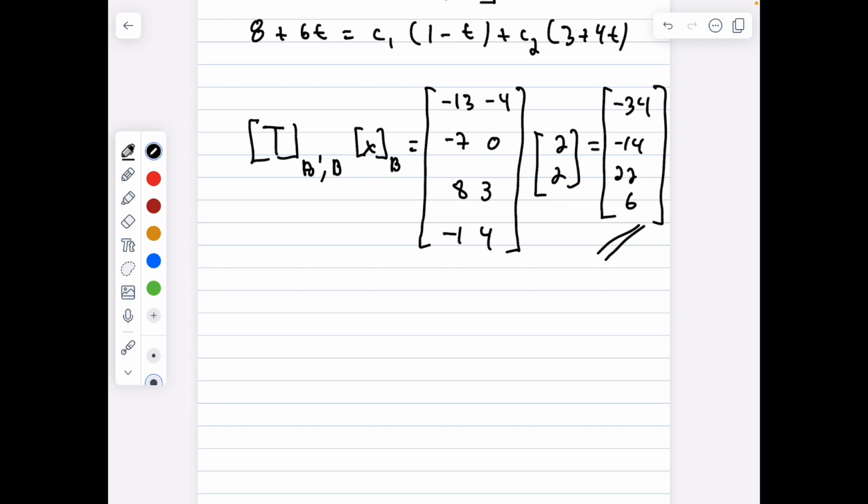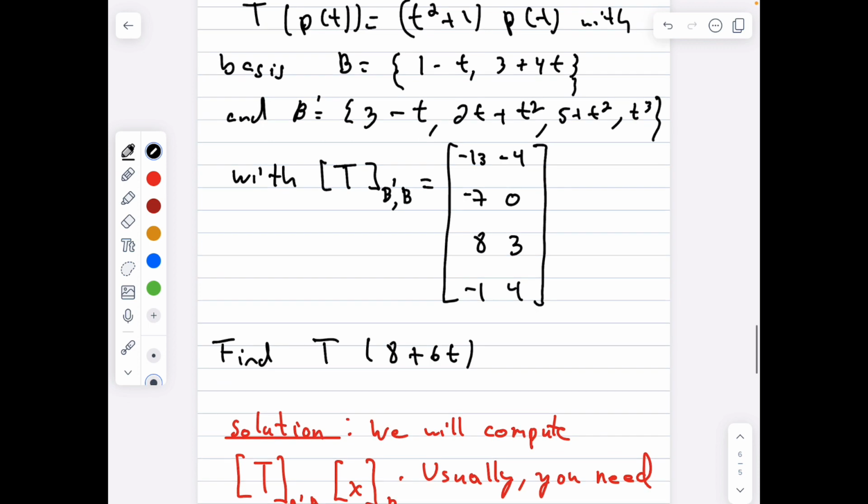So that is the result you're going to use to form the vector. How do you form your vector? Well, you take each of these numbers, and these are the coefficients of the linear combination of the basis vectors in B prime. So let's go back to see what it was: 3 minus t, 2t plus t squared, 5 plus t squared, and t cubed.